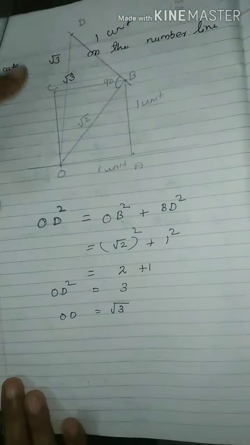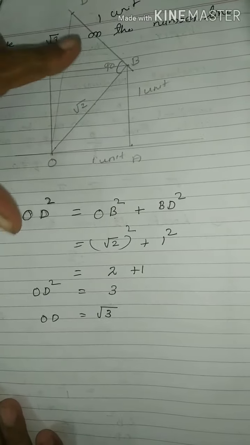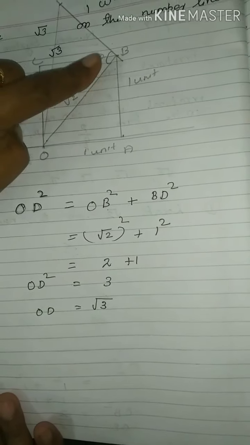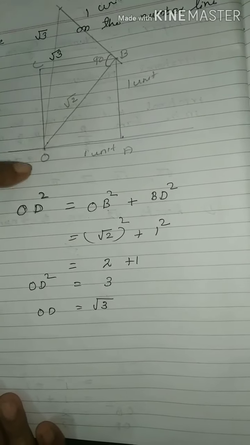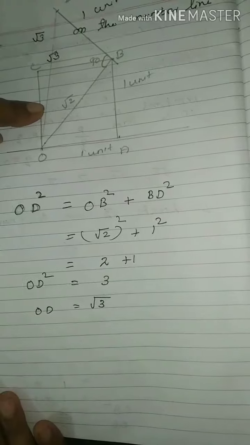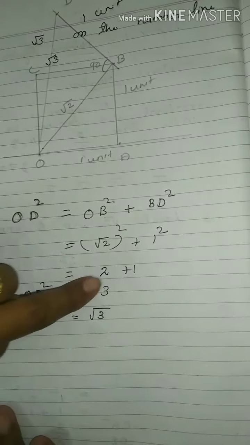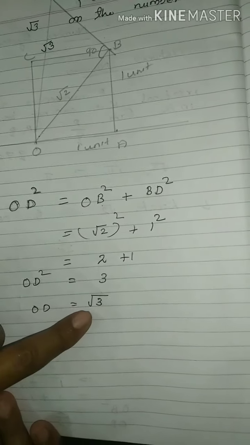Understand? First you make the square. Then you draw a perpendicular line to OB. Then join these two points, O and D. Then according to the Pythagoras theorem, root 2 square plus 1 square, that is 2 plus 1, is 3. Then OD is equal to root 3.